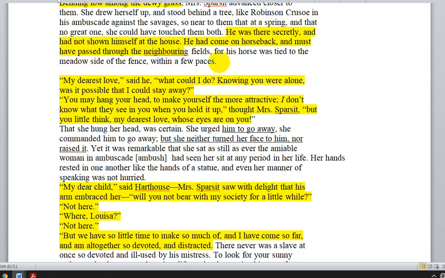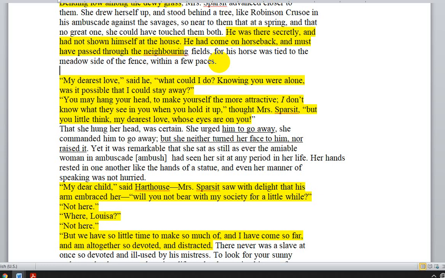This is how James sneaked into the garden in order to meet Louisa. And let's have a look at how he describes Louisa. "My dearest love," said he. This is a kind of development. "What could I do, knowing you were alone? Was it possible that I could stay away? You may hang your head to make yourself the more attractive."